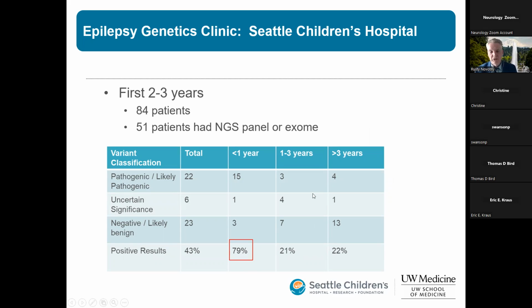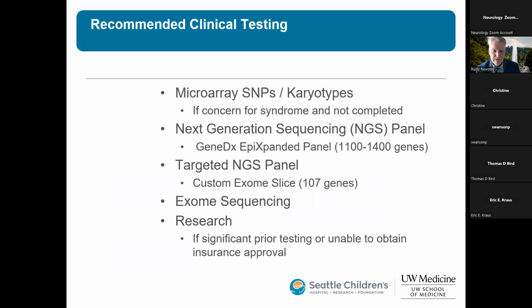And in other patients between 1 and 3 years of age, it was around 20 to 30%. So the overall diagnostic yield was around 40%. Again, this is a biased population that was referred by both general neurologists and epileptologists in our group that likely had a higher likelihood of high yield in genetic testing.